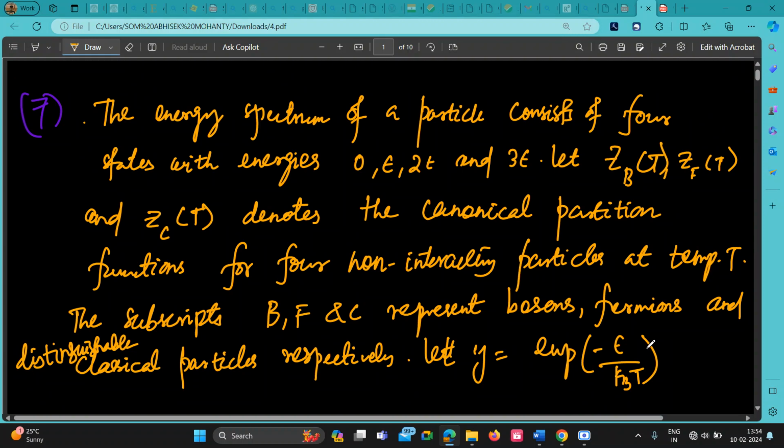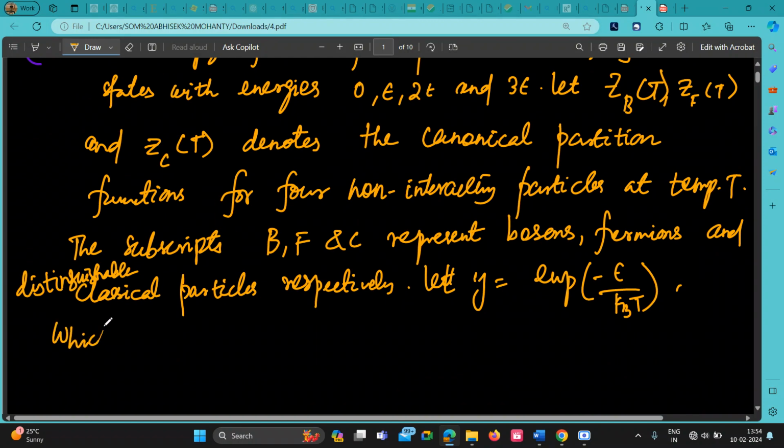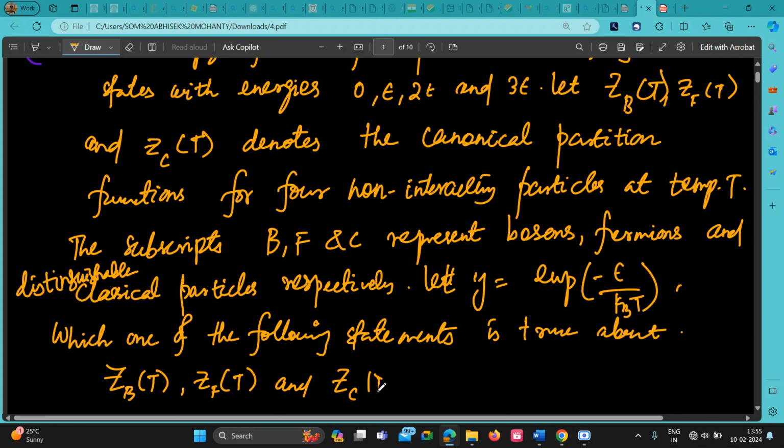So which one of the following statements is true about Z_B(T), Z_F(T), and Z_C(T), respectively?